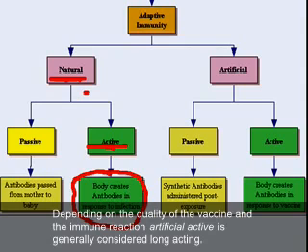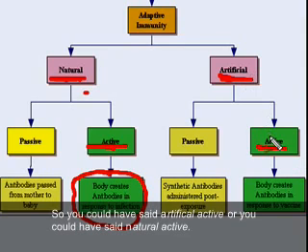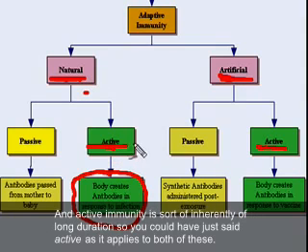Depending on the quality of the vaccine and the immune reaction, artificial active, it's generally considered long acting. So you could have said artificial active, you could have said natural active, and active immunity is sort of inherently of a long duration, so you could have just said active because it applies to both of these.